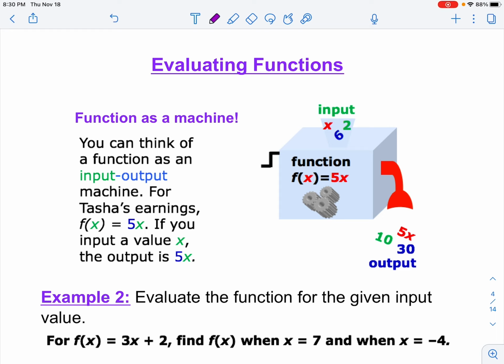And then you get your output, right? So the code that you type in is like the function. Your x variable is the input, that's the money, and then your output is the food or drink. The code you type is the function.